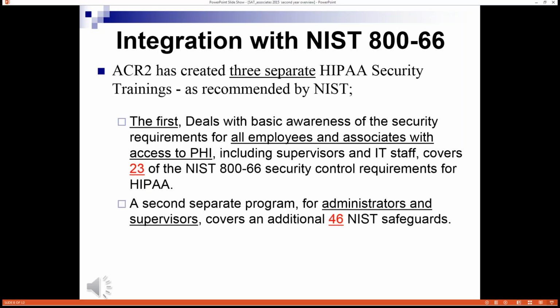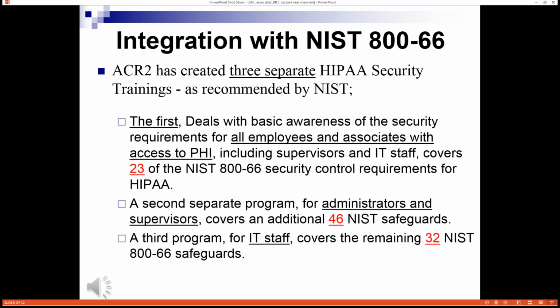A second separate program for administrators and supervisors covers an additional 46 NIST safeguards. A third program for IT staff and people with access to large amounts of EPHI covers the remaining 32 NIST 800-66 safeguards. Because you are required to train people on policies and procedures that affect them, we have placed the trainings into these three separate groups.